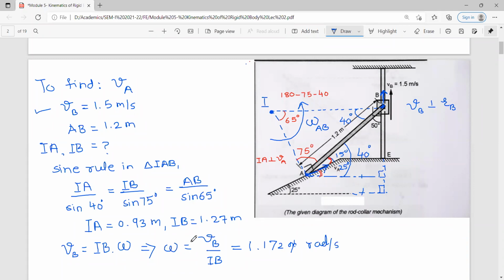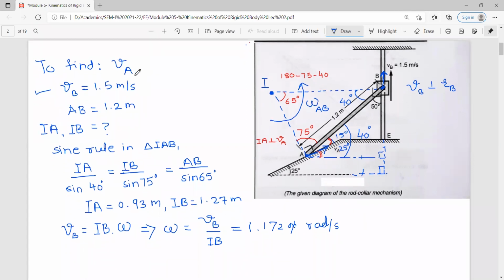So omega is known to us. And in the problem, what is asked? We have to find out the velocity of point A. So I will write down the formula for the velocity of point A. You know that the point B lies on the rod AB.